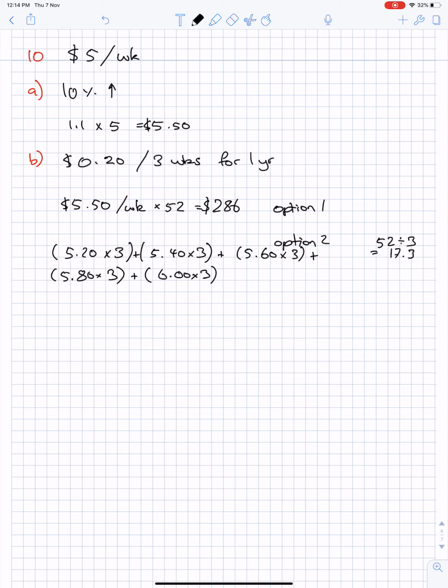You can automatically see that option 2 is the better one, but let's keep going and figure out why. $6.20 times 3 plus $6.40 times 3 plus $6.60. And just keep going up by increasing the price by 20 cents.